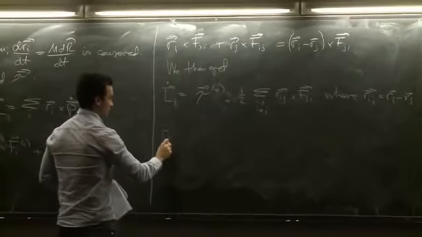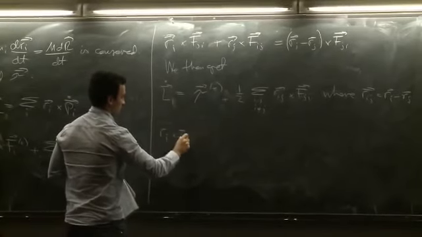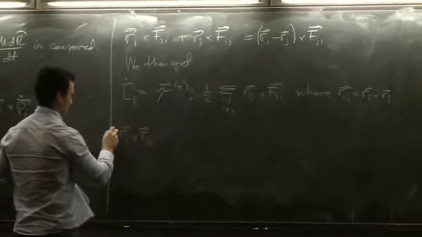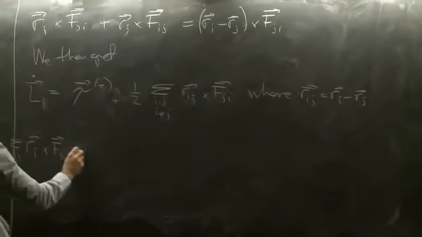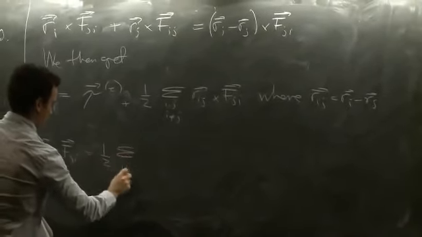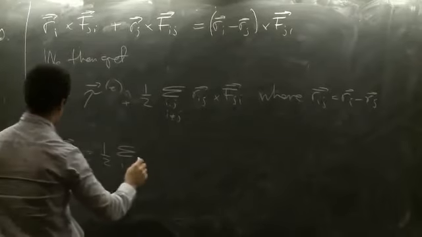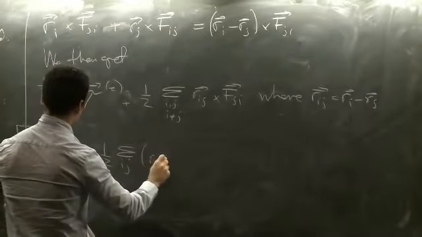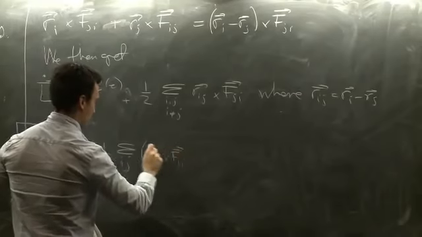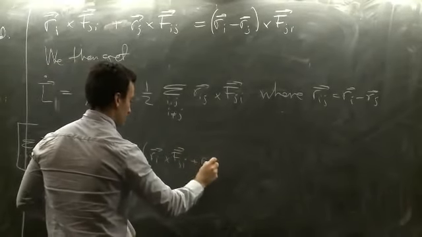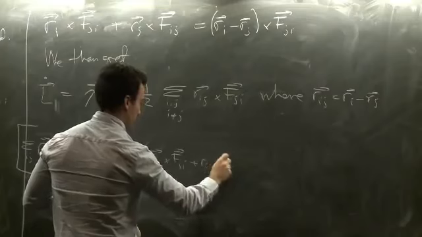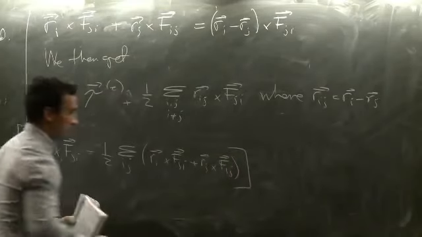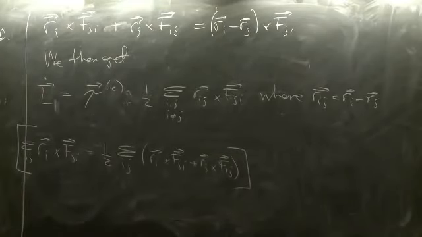So I made use of this property. The only thing I did here was to interchange the indices for the second term. Since it's a sum, the final result is the same.